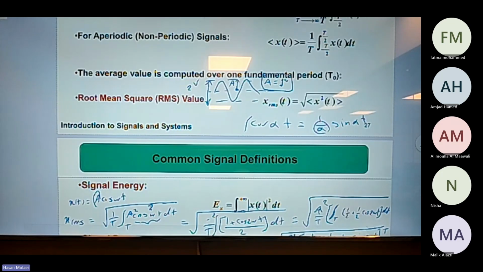If it is a voltage, how much is the peak voltage? 2 volts. Peak is 1. Peak to peak is... exactly. Peak is amplitude. When we are talking about V peak, it's again amplitude A. That's 1. When we are writing PP, it means peak to peak, from the top peak to the bottom.